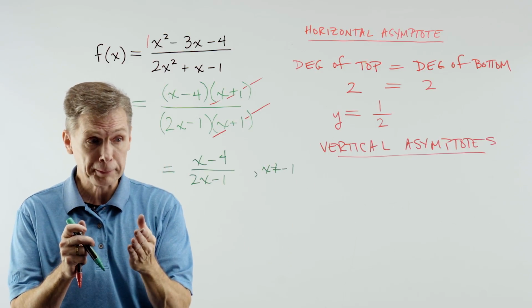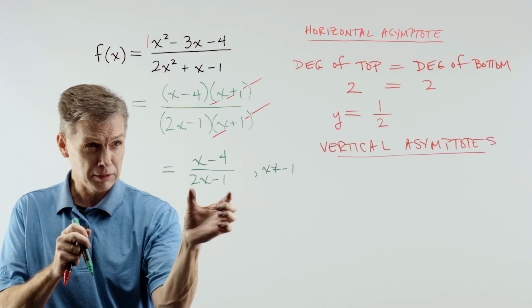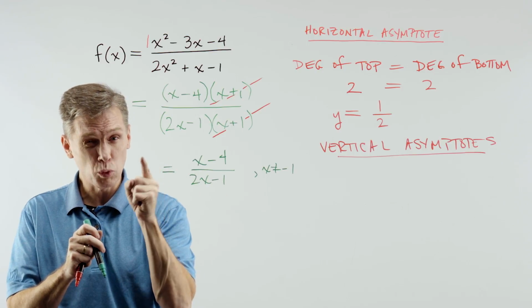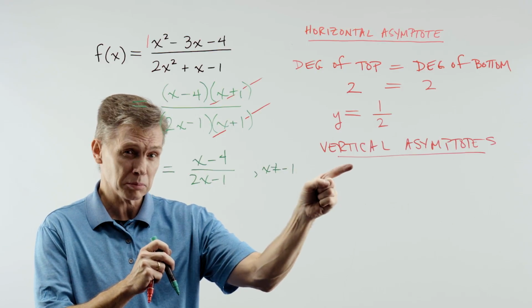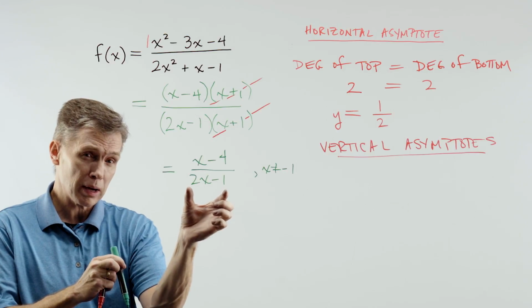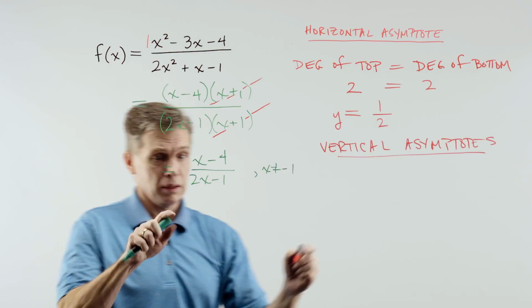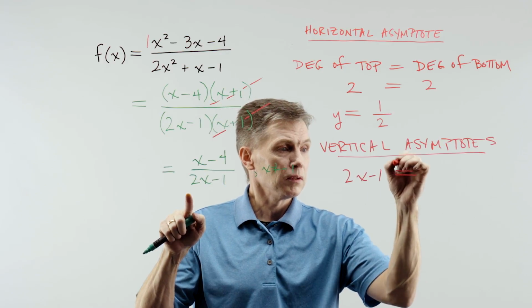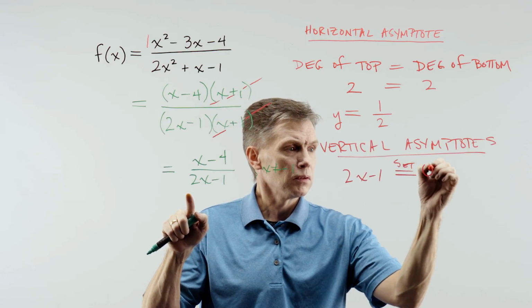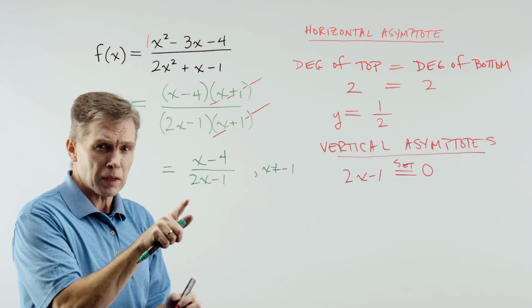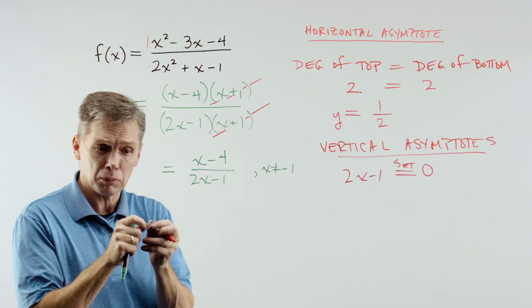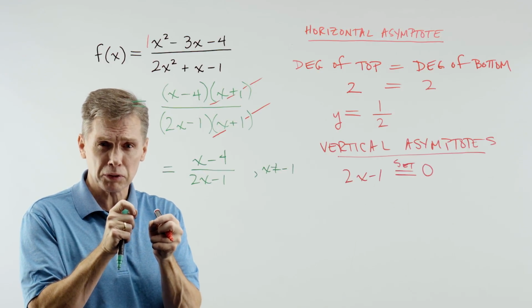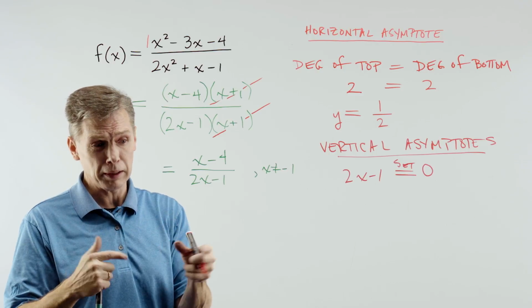But here's the real point. This simplified version of your function is where you want to look for your vertical asymptotes. Now you want to grab this denominator, 2x minus 1, and set that equal to 0. This is again what I was saying earlier, that what we're worried about is the denominator equaling 0, where the function would be undefined.